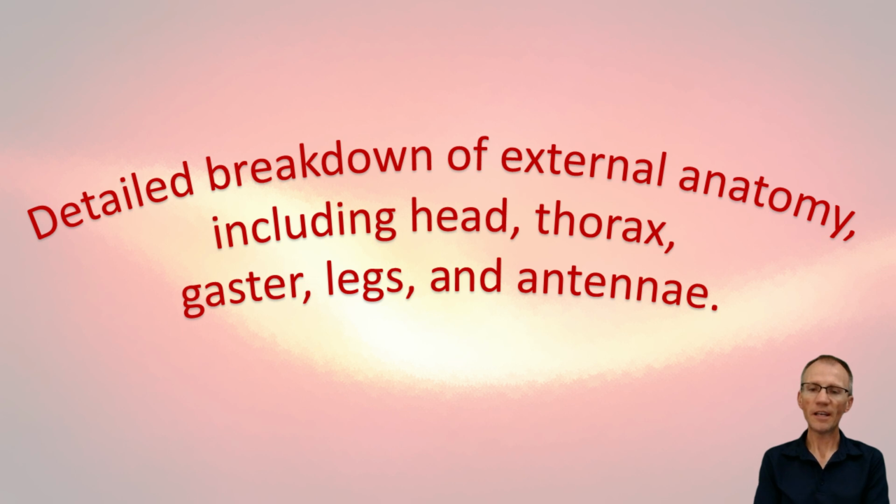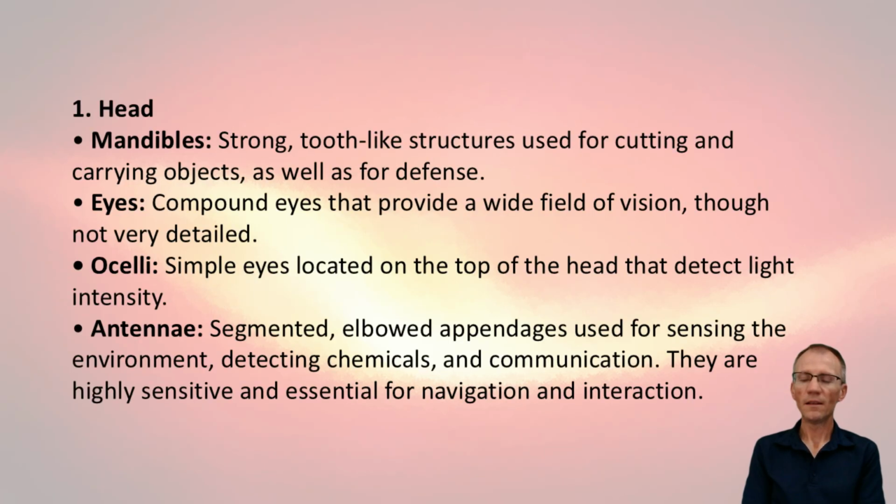Next, we're going to go through a detailed breakdown of external anatomy, including head, thorax, gaster, legs, and antenna. Let's look at the head. Mandibles are strong, tooth-like structures used for cutting and carrying objects, as well as for defense. With the eyes, they have compound eyes that provide a wide field of vision, though not very detailed.